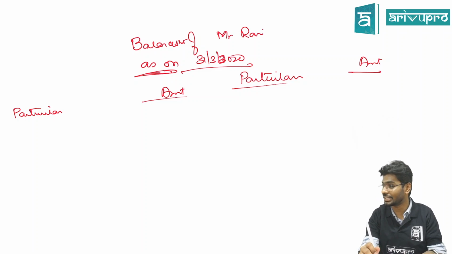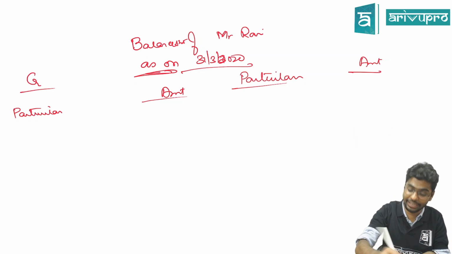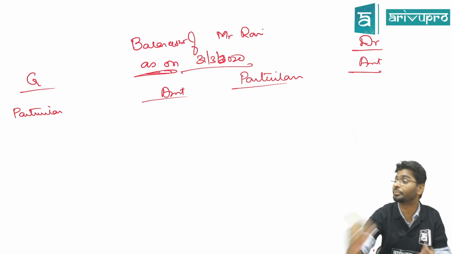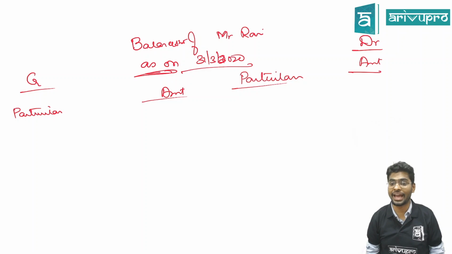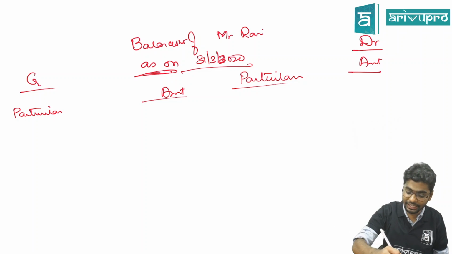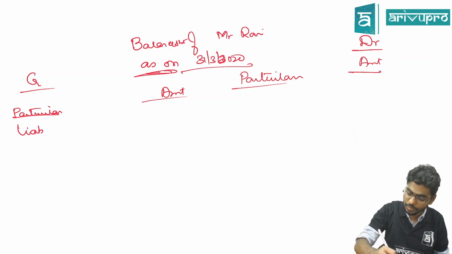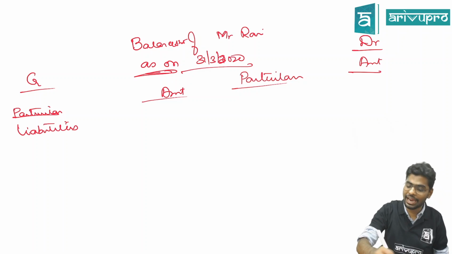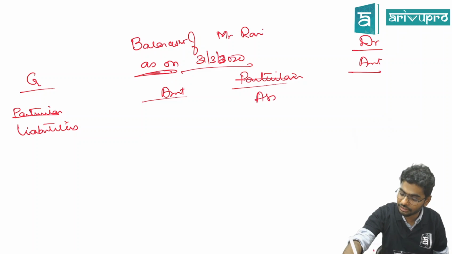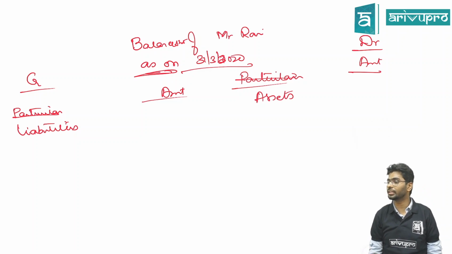Whereas for balance sheet, it is going to be credit and debit. For balance sheet, it is first credit and then debit. What is credit for me? Liabilities. And what is debit for me? Assets. Are you clear till here? Any doubt till now? Are you guys all fine?